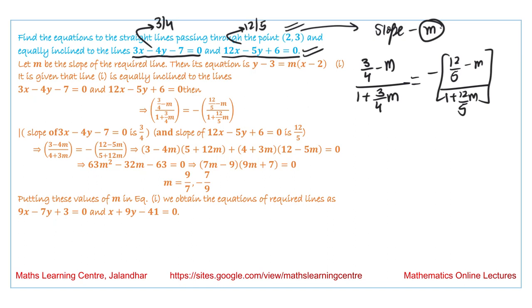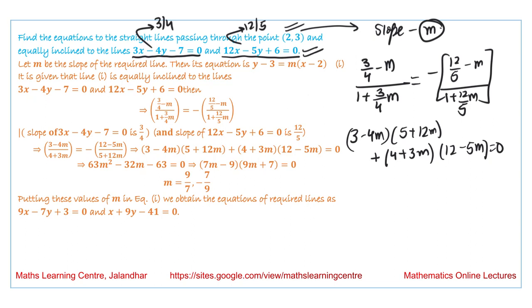So if we solve these equations, we will obtain that 3 minus 4m into 5 plus 12m, then shifting this term to this side, it is plus 4 plus 3m into 12 minus 5m, is equal to 0.